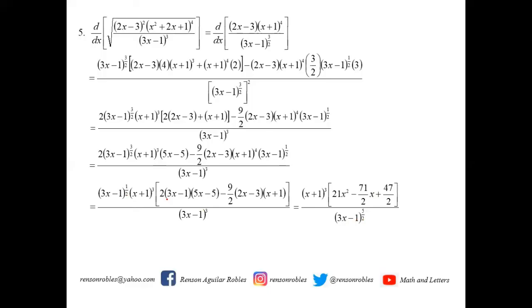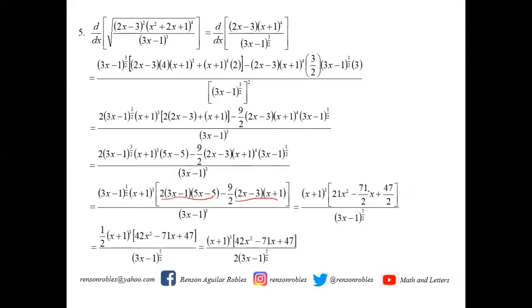And then you just multiply this, okay? And then multiply this 3 and then add the products, and you shall have 21x squared minus 71 all over 2x plus 47 over 2, okay? And then finally, just to avoid this denominator 2, I will multiply everything by 2 or by 1/2.